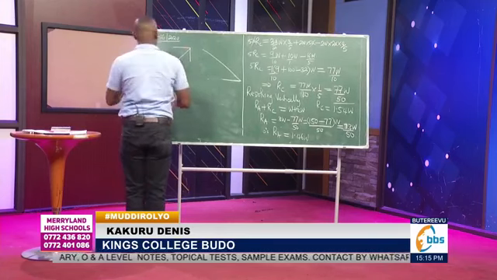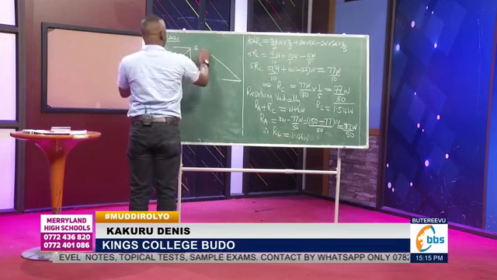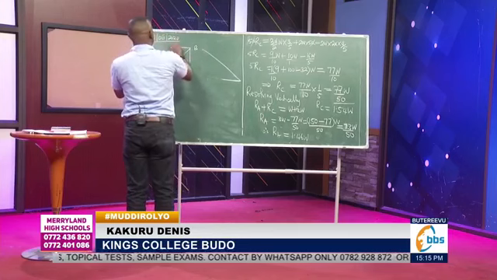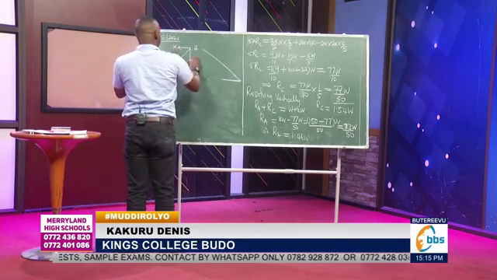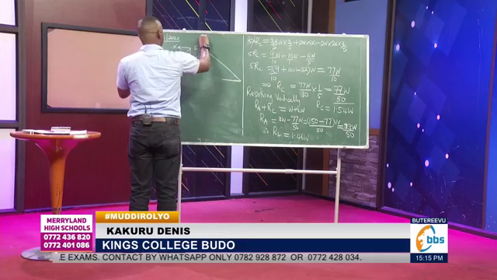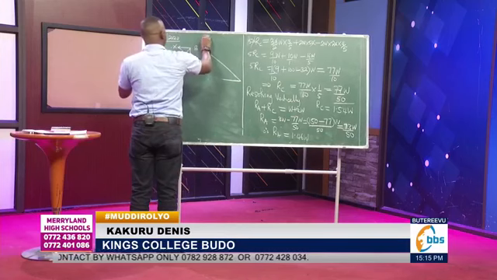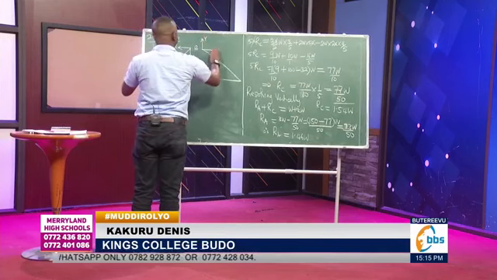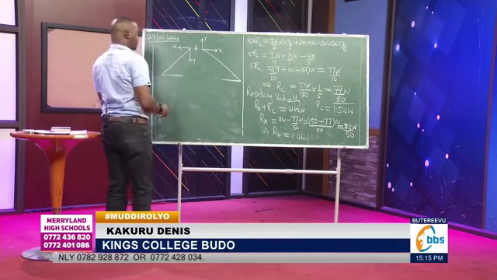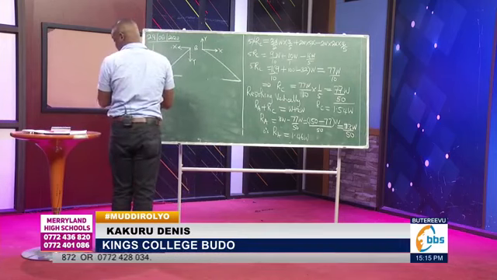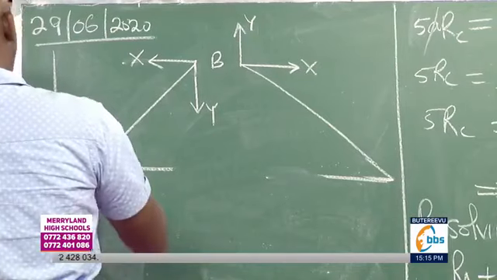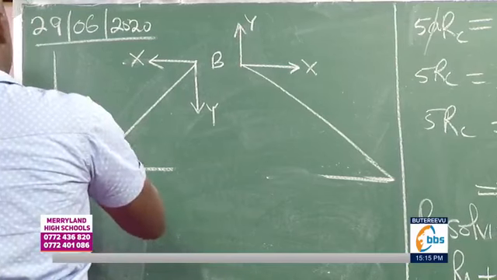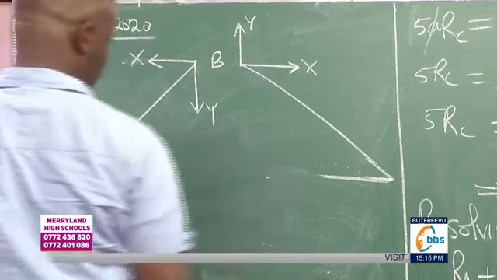I will choose that this point of intersection was B. If this X goes that side and my Y goes this side, they should be equal and opposite. I have a Y here and I have an X here. This point is A, and now you will allow me to put the actual values we have got.